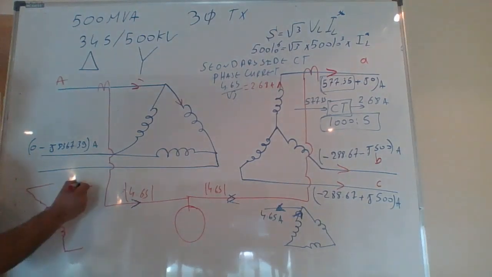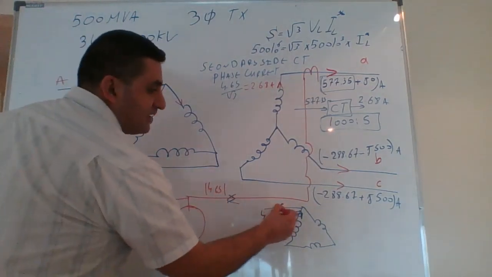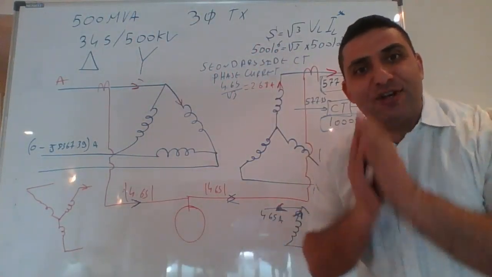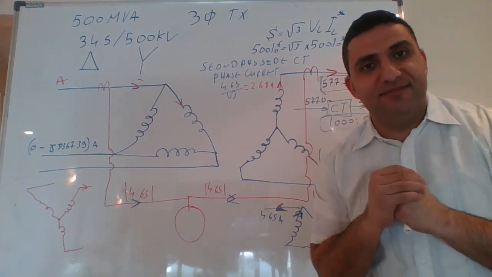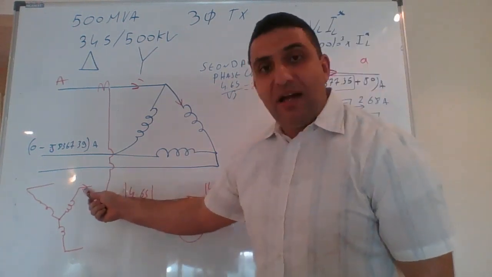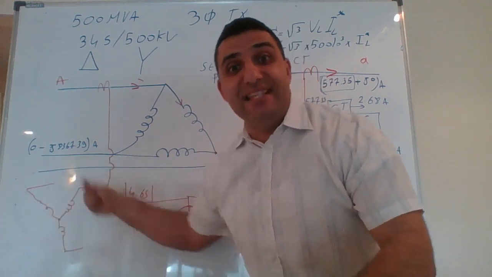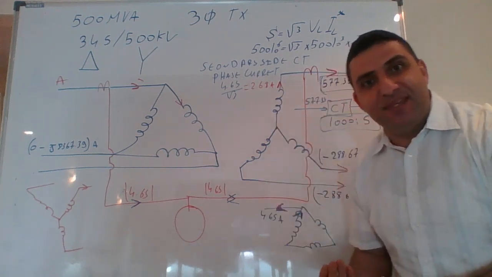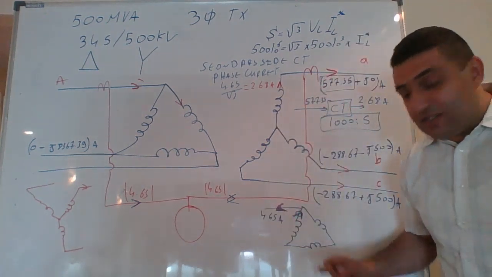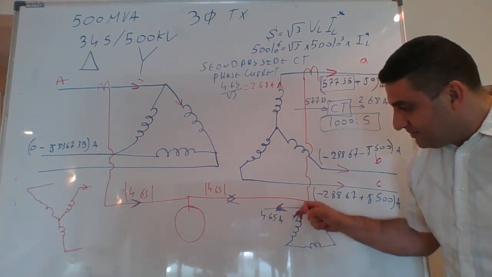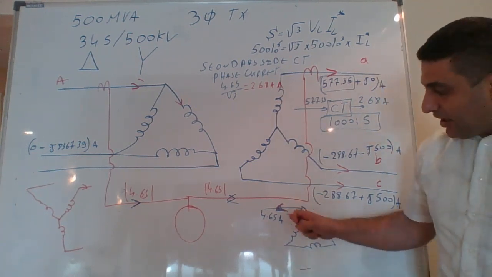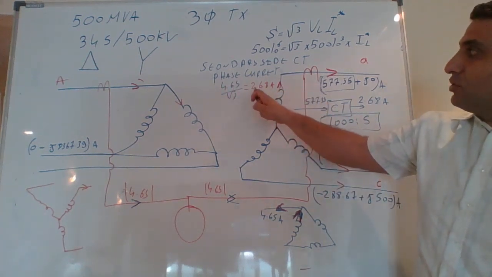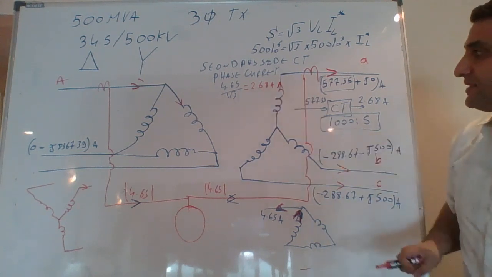Perfect. Now this current, I needed to match for the relay to give me 0 output, for the differential relay to give me 0 differential current. I have to match the output line current of the primary CTs with the line current of the secondary CTs. So the secondary output of the CTs is the phase. Now, because it is connected into delta, I have my CT give me 4.65 divided by 3, which is 2.68 amps as an output.